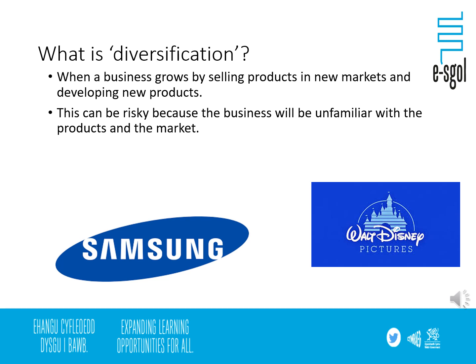Now, what is diversification? This is when a business grows by selling products in new markets and developing new products. And this can be risky because the business will be unfamiliar with the products in the market. So if we think about Dyson, they started off with vacuum cleaners, not Hoovers, because that is a make of a vacuum cleaner. They started off with bagless vacuum cleaners with very good suction, and they developed lots and lots of products of different variations around that theme.